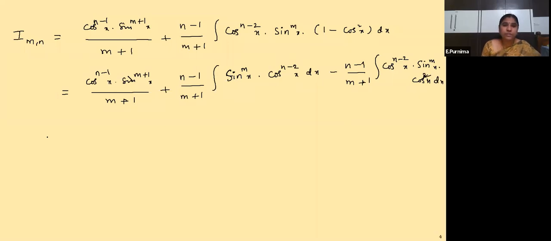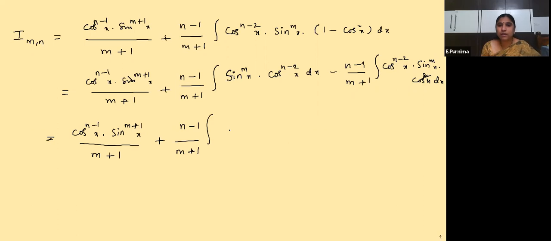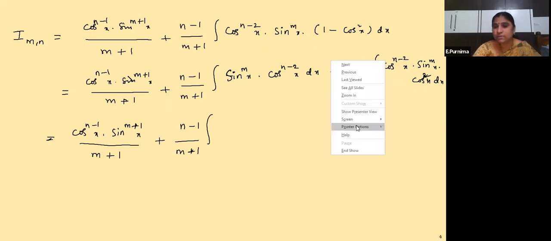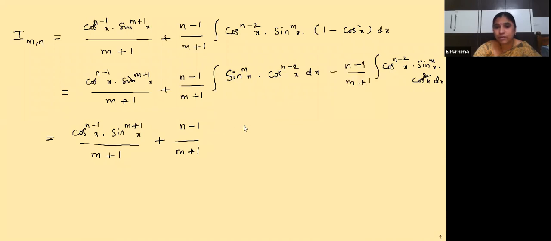Now which is equal to cos^(n-1)x · sin^(m+1)x/(m+1) + (n-1)/(m+1) into integral sin^m x · cos^(n-2)x. It is similar to our given integral, yes or not?